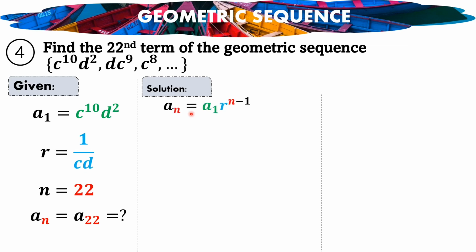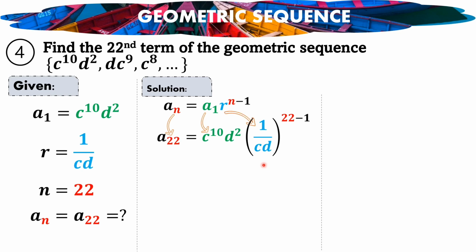A sub n equals a sub 1 times r raised to n minus 1, that is, a sub 22 equals c raised to 10 d squared times 1 over cd raised to 22 minus 1. So a sub n is a sub 22, a sub 1 is c raised to 10 d squared, r is 1 over cd, n is 22.